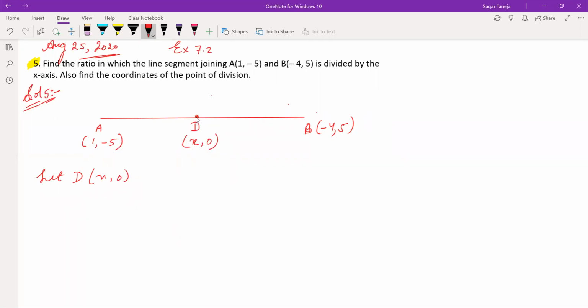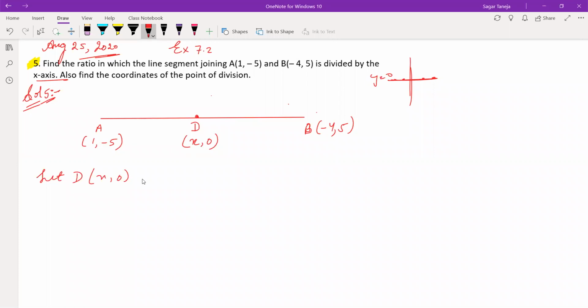Because this point is lying on the x-axis, and y on the x-axis is always 0. On the Cartesian plane, each and every point on the x-axis has y equal to 0. So we take y as 0, and x we don't know.